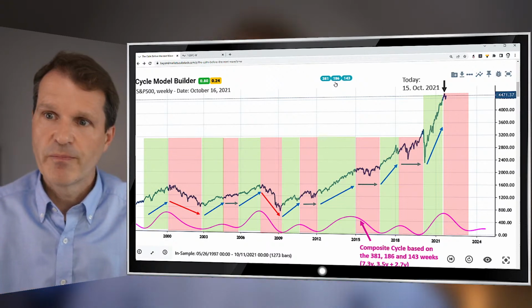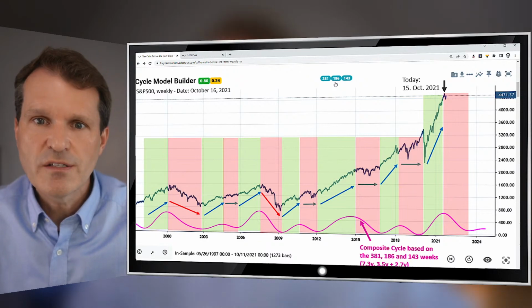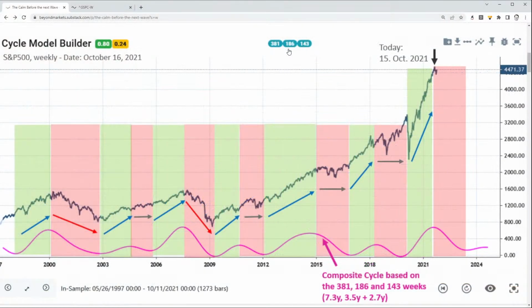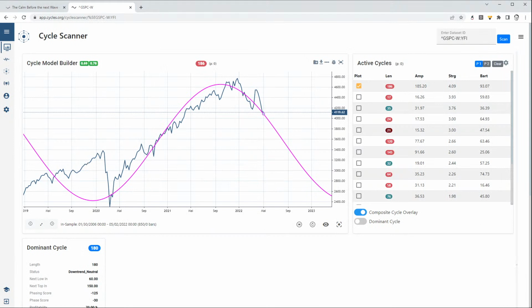So there's no reason not to follow this cycle here, which means that, as I told you, we first showcased this cycle back in October. At this point in time, I showed you that this cycle shows an upcoming top here.